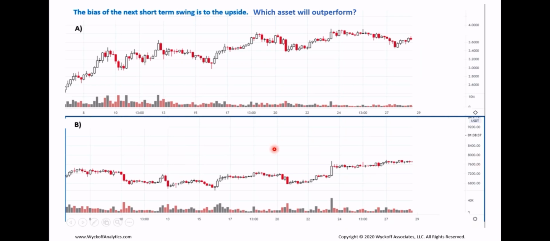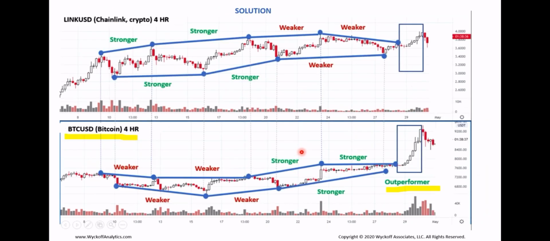So the majority of you has said B. Here's the solution. B, Bitcoin. So good job. So the message here is that when you are trading on the intraday or just you are doing a very quick swing trade, you always want to look for the short-term outperformance.